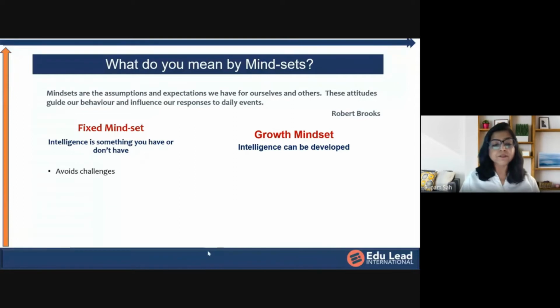The person with a fixed mindset will avoid challenges. Such a person will say, आराम से चलते हैं, whatever is the fixed way, let's move in that direction. Why do you have to take challenges, right? So that person will avoid challenges, not a risk taker in any case.